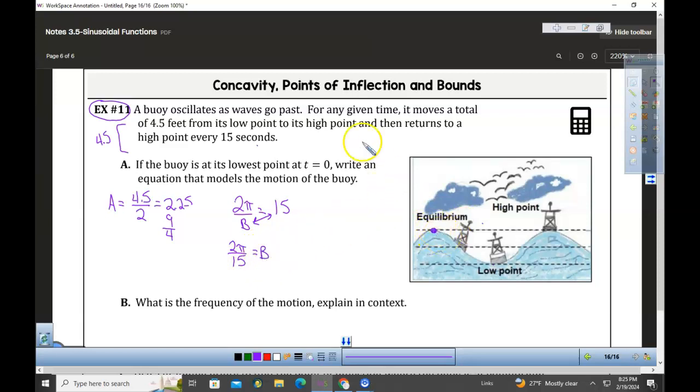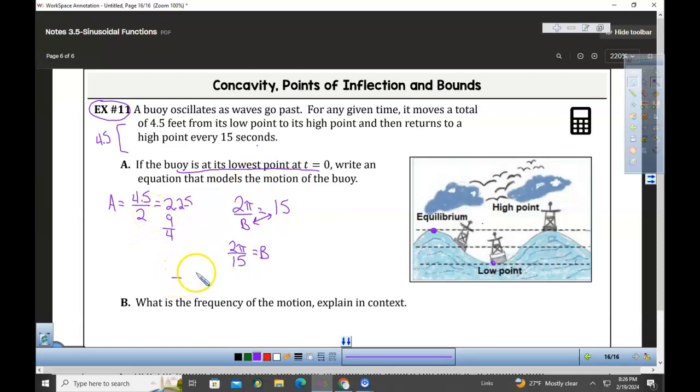What else do I know? I start at a high point. I start at max. So am I going to use cosine or sine? From its low point. Never mind. It's at its lowest point at t equals 0. So we're starting at a low point. Usually cosine starts at max, but this one's starting at min. So I know this is going to have to be negative in front.